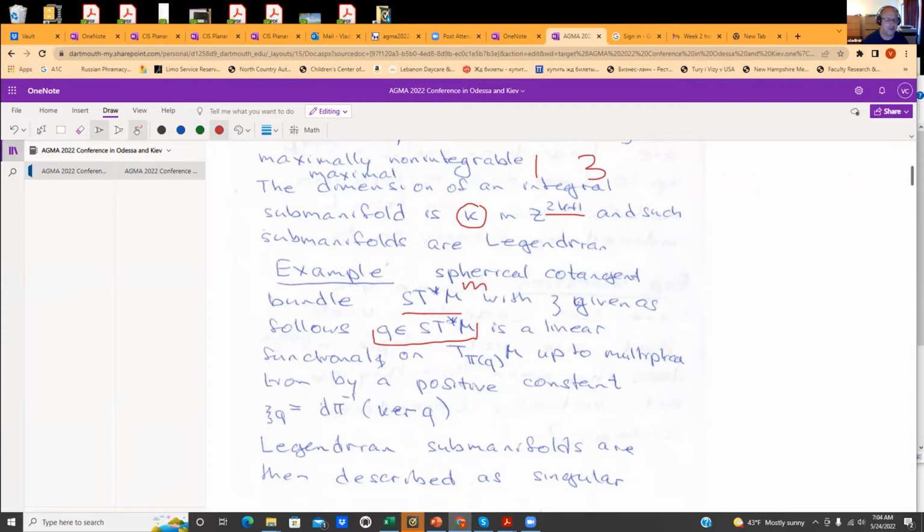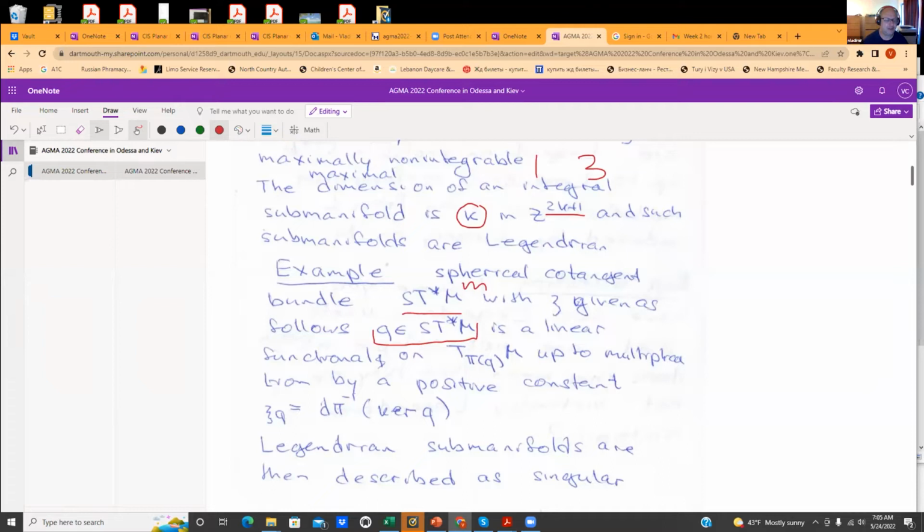Spherical cotangent bundle means that you consider these functionals up to multiplication by a positive number. So a point in the spherical cotangent bundle is a linear functional on the tangent space to a manifold, considered up to multiplication by a positive number. But when you multiply by a positive number, the kernel of the functional does not change.